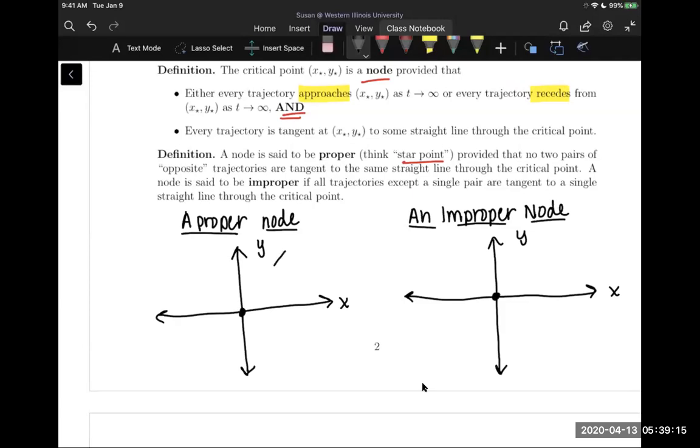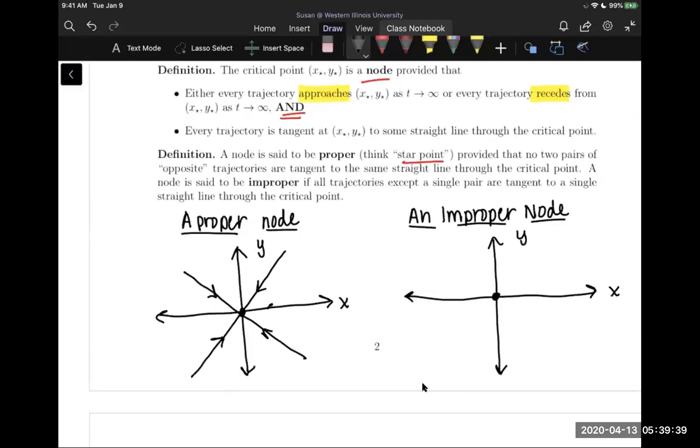So what I'm going to do is draw several examples of lines through this node, and these each are separated. Each straight line is actually two trajectories, so those are considered opposite trajectories. I'll draw one over here. Again, we're always going to be going either toward or away from our node.